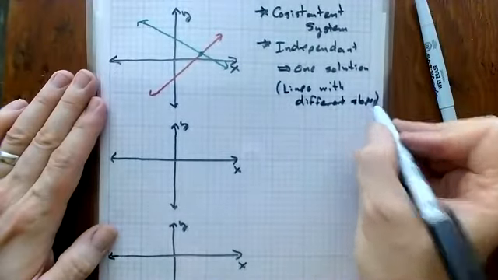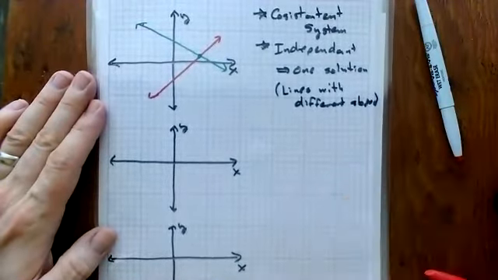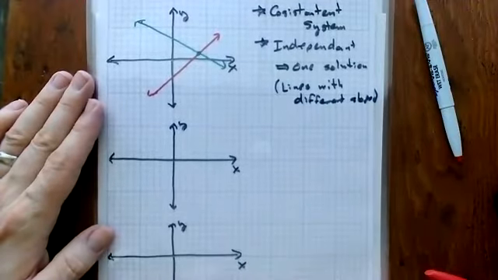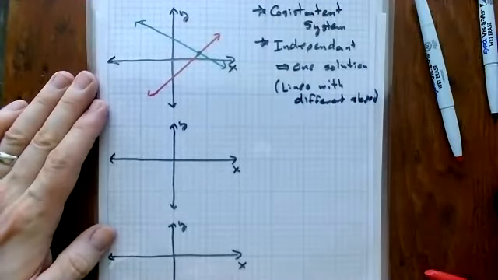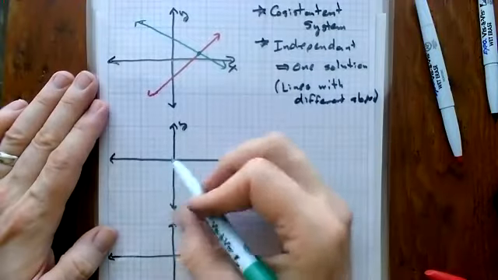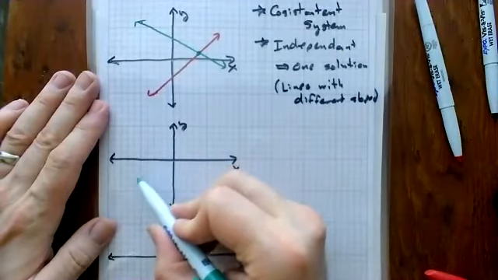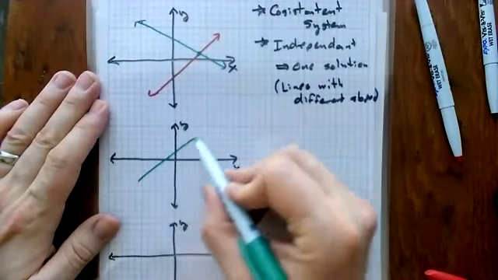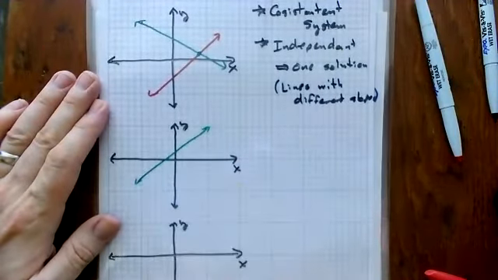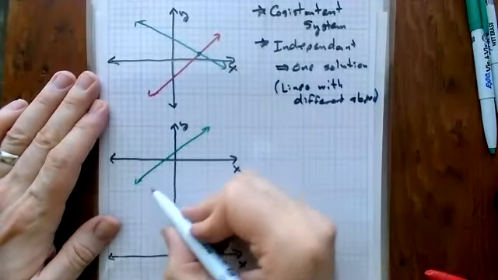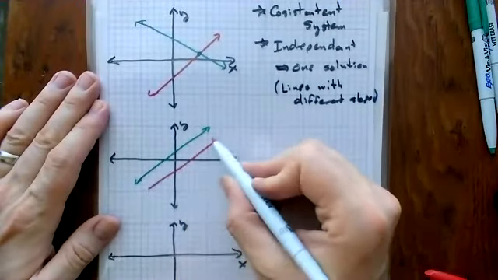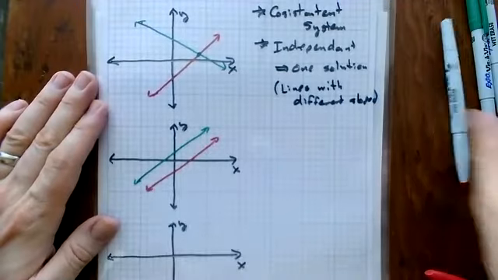Now, since I said it that way, I hope that leads you into what might happen if I've got lines with the same slope. I could have a system where I've got two lines with the same slope.